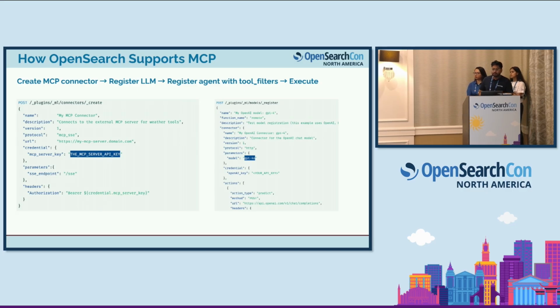If it's coming directly from OpenSearch itself, then you can use those keys. The first thing is to create the adapter, and after that you can register a particular LLM. In my case, I'm using GPT-4o, and you can use your OpenAI key, which you can create from the agent itself. And that's how it's going to work.